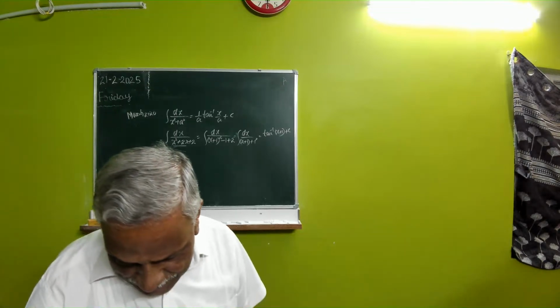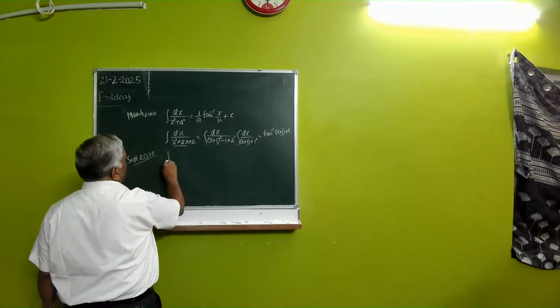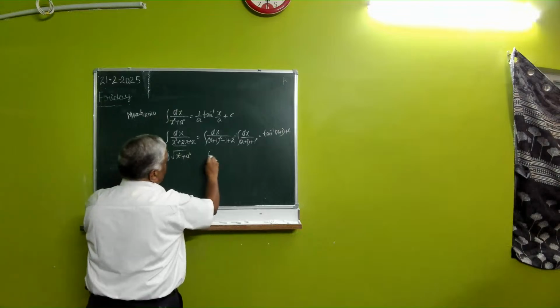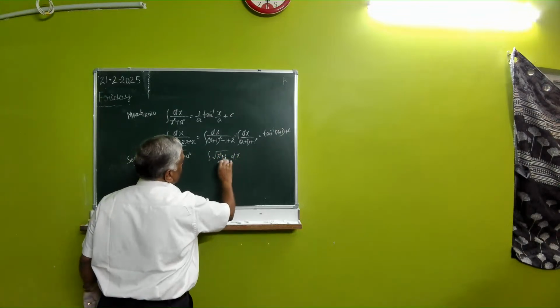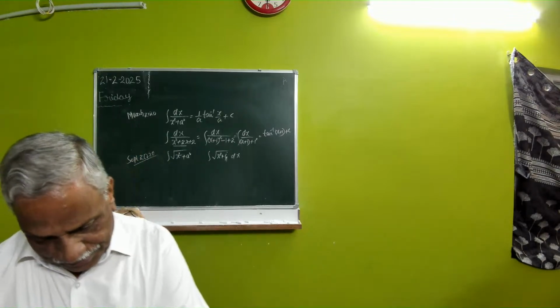The problem given is: evaluate root of x square plus a square, I mean, find this and evaluate the integral of root of x square plus 4 dx. I'm not going to work this because we already have covered this.